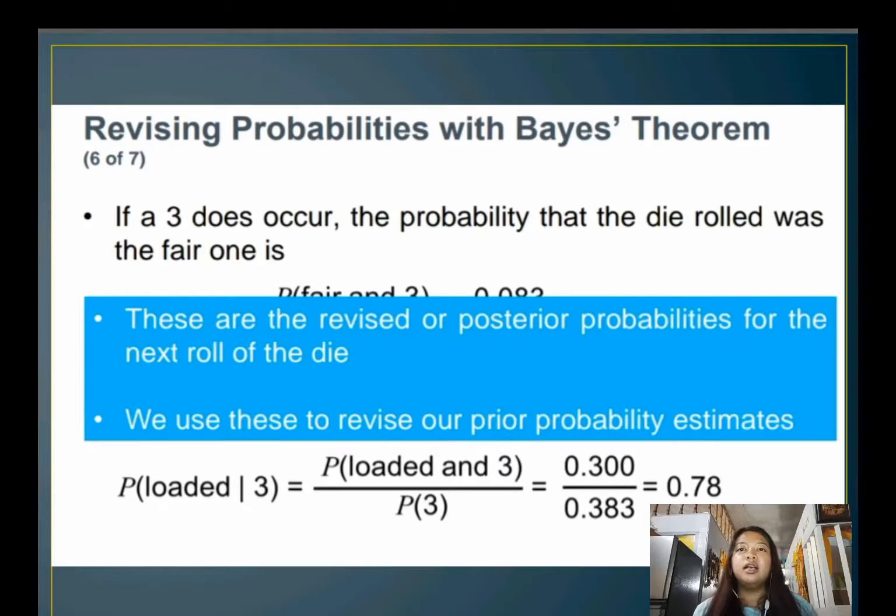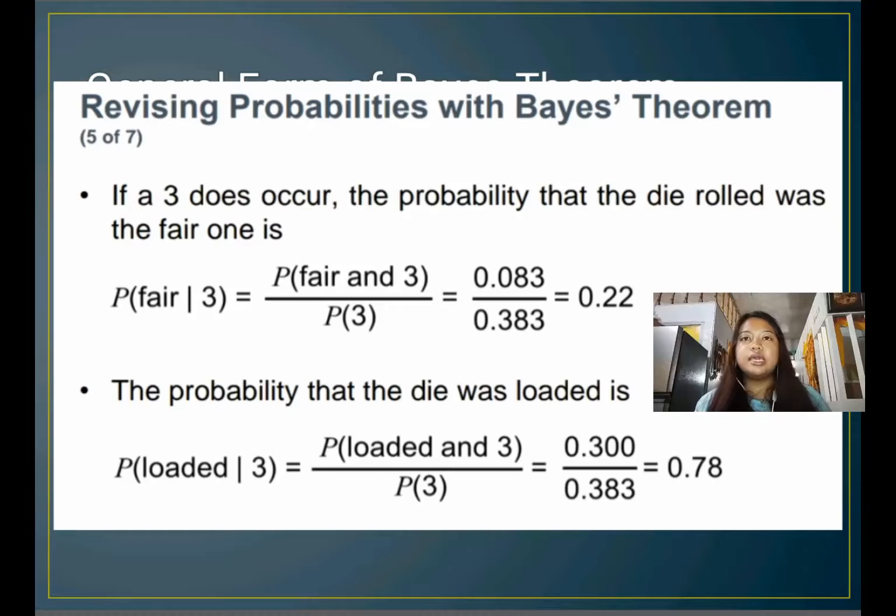The revised probability using Bayes' theorem in this example is the loaded die, because it resulted in a higher probability, while the prior one has the lower probability between the two. So let's continue with the general form of Bayes' theorem.